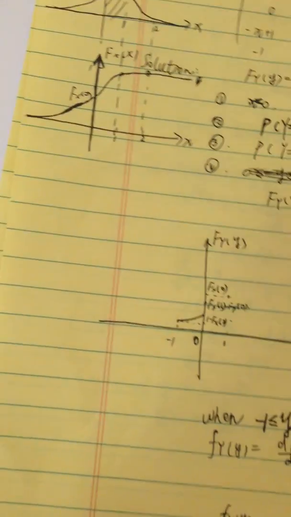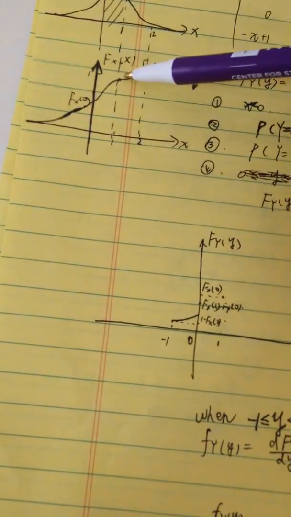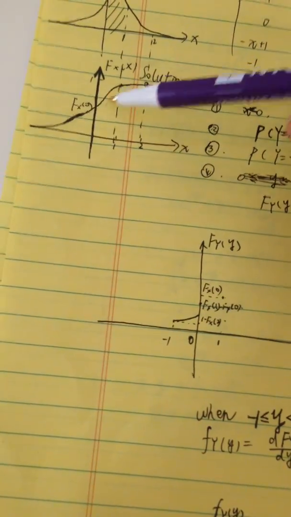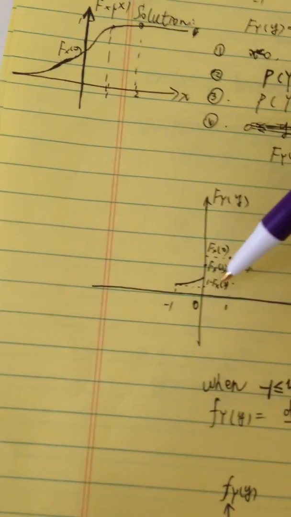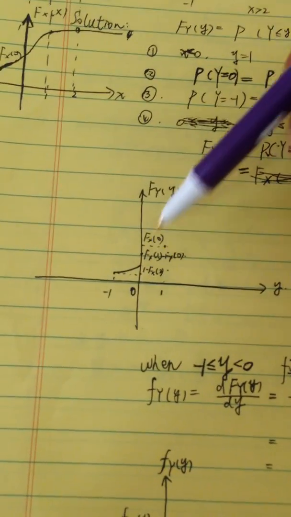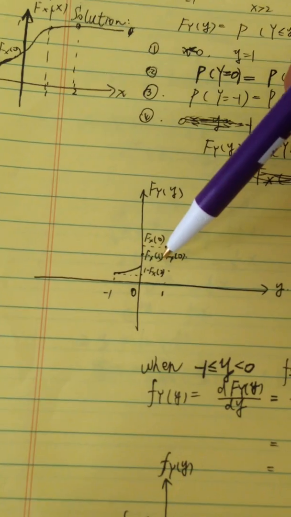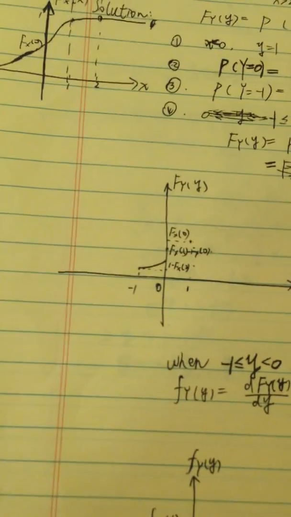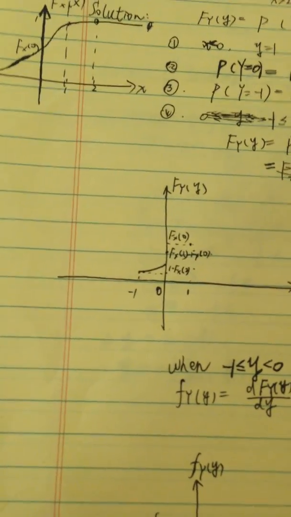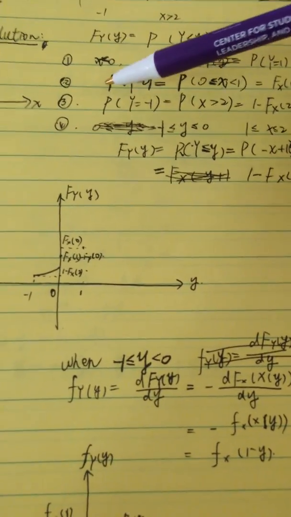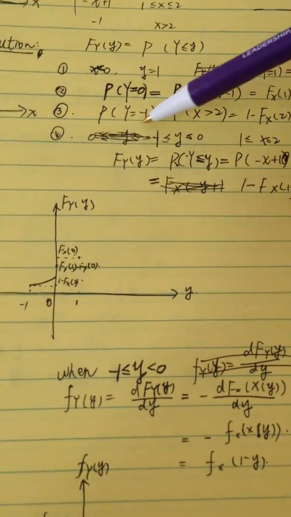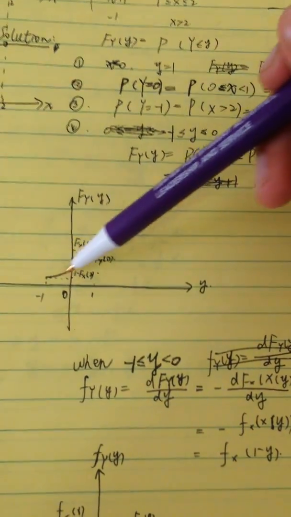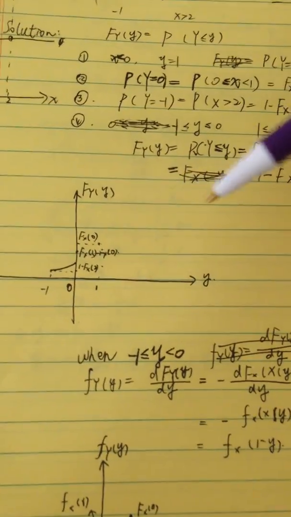This point is when x equals 1, and this when x equals 0. We put the minus of this equation. So when y equals 0, we get FY(y) equals FX(1) minus FX(0). We see that the third equation is similar, so we put it here, and this point is 1 minus FX(2).